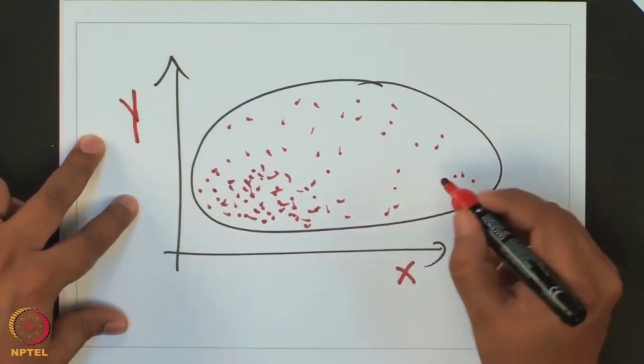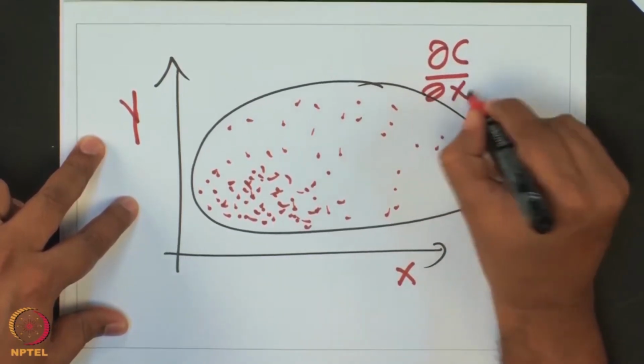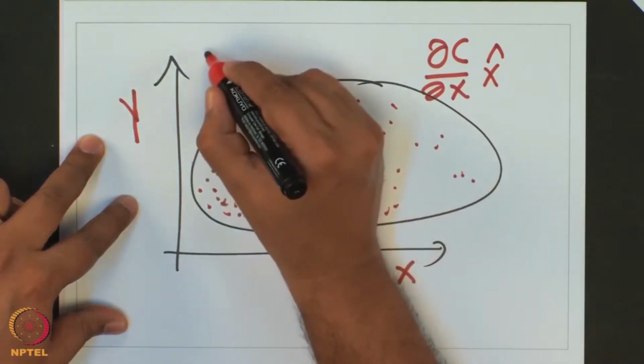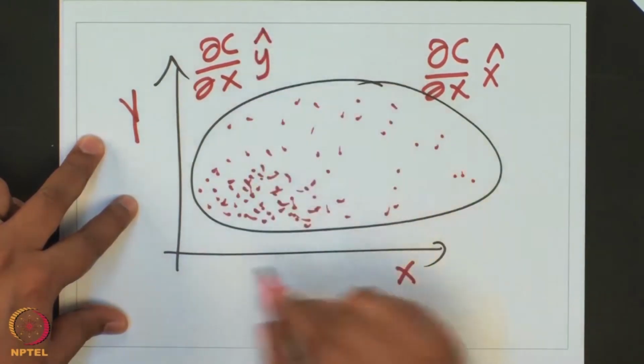So the change in concentration along the x-axis can be written as del C by del x along x cap, and the change in concentration along the y-axis can be written as del C by del y along y cap.